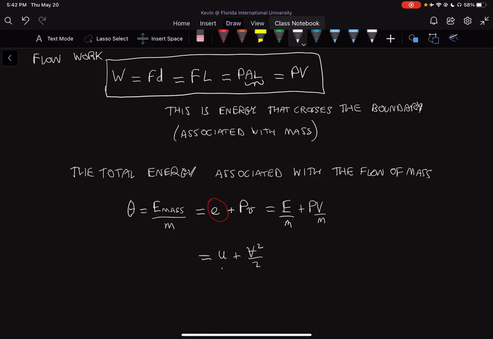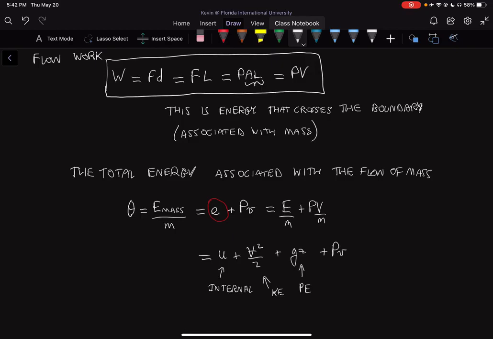So we have internal energy plus kinetic energy, okay, per unit mass again, plus gz, which is our potential energy. Okay, and then we have a term that's added to it that is called PV.